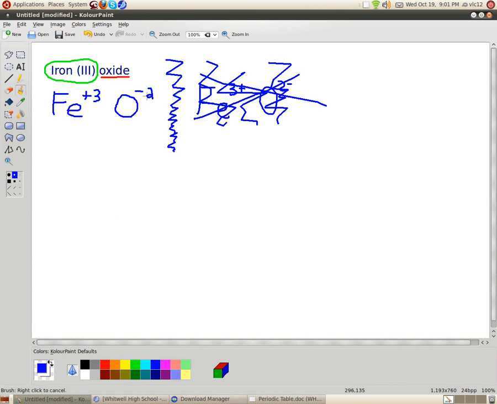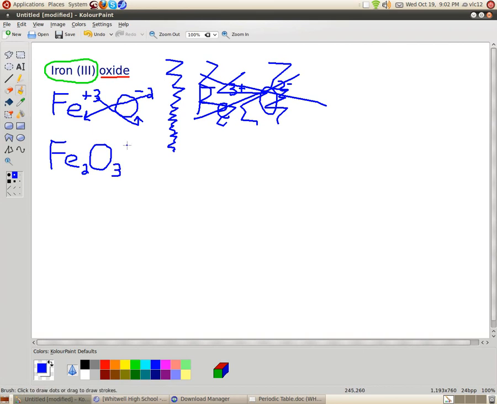Anyway, let's go ahead and get this formula. This 2 will go down here and become a small subscript behind the Fe. So that would give me Fe with a little bitty 2 for a subscript. Now this oxygen will be written down, and then behind the oxygen this 3 will plant itself, so we'll have a 3 there.